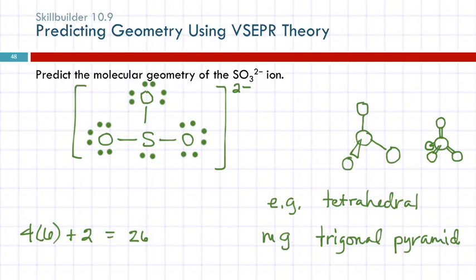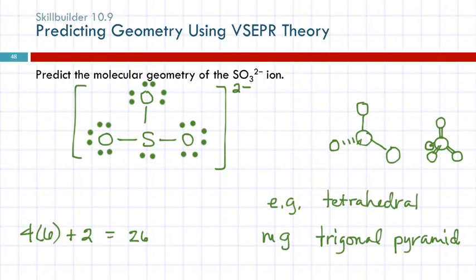I can make that one invisible. That's a little harder to recognize just because of how it's drawn as a trigonal pyramid. I could make this one invisible. Again, it's a little hard to recognize that that's a trigonal pyramid.